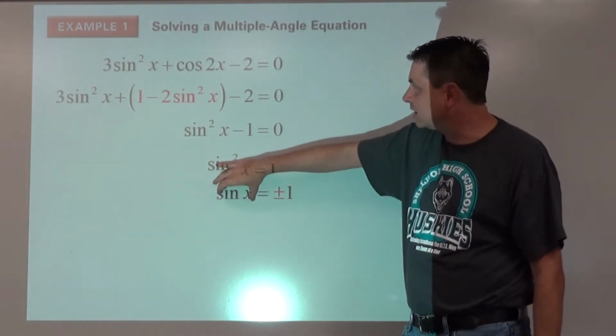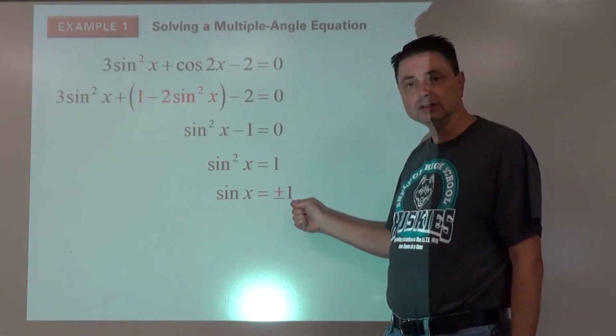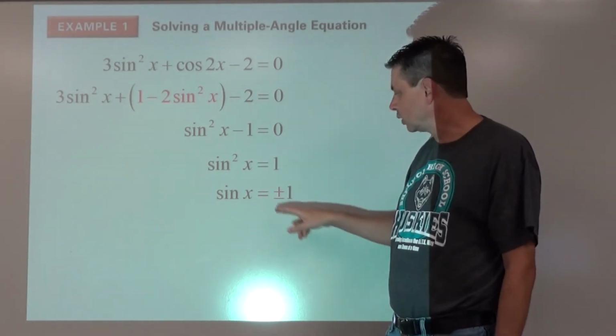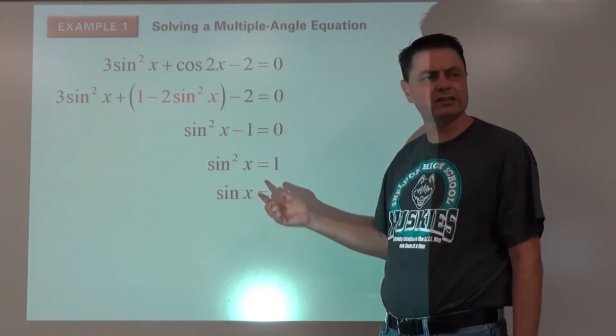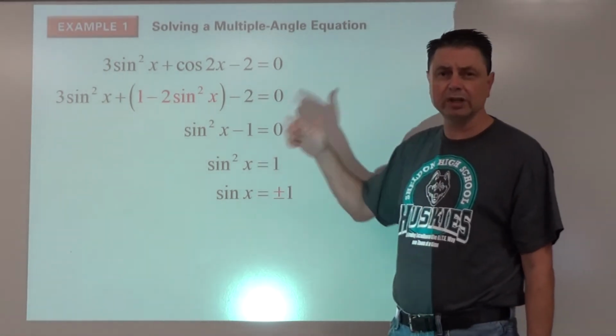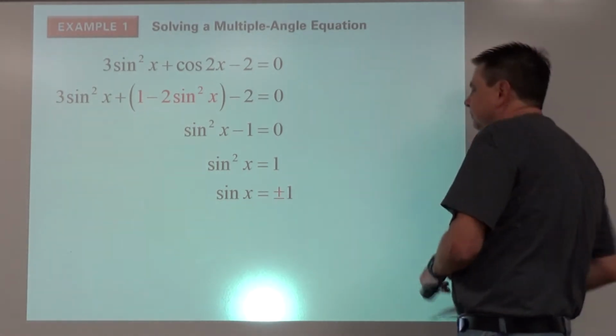All right, so where's sine? Where's our y coordinate? 1, straight up. Where is it negative 1? Straight down. So we could think pi over 2 plus 2n pi, or 3 pi over 2 plus 2n pi.